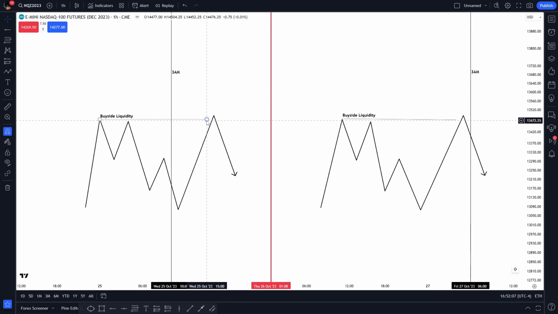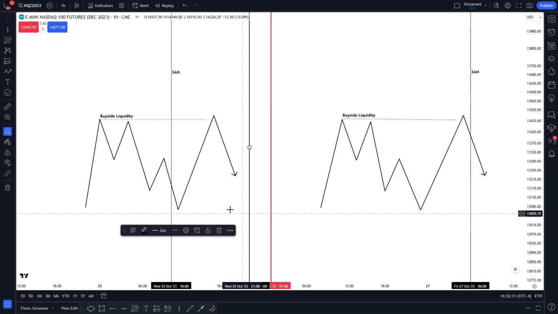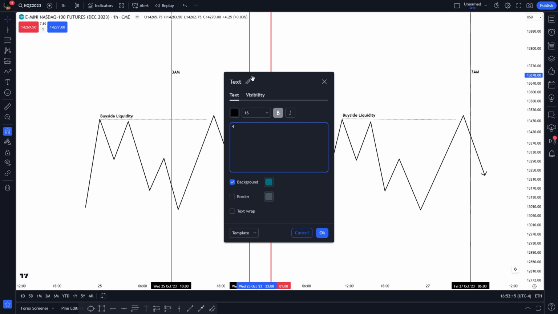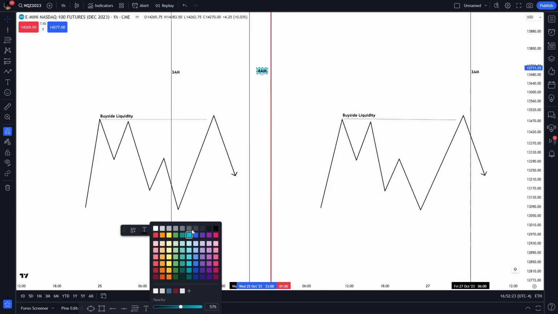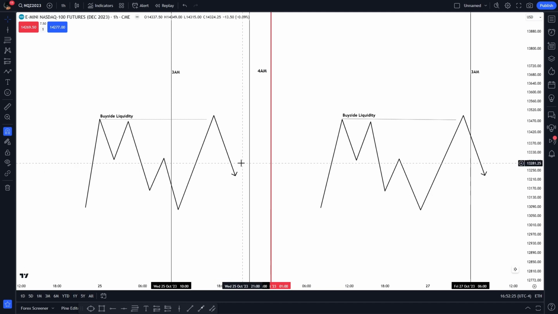So as you can see, in this example, let's say that right here was the 4 a.m. mark, right? 4 a.m. That'll be right here, right? So everything has to happen between these two lines, right? Because that is the silver bullet hour.